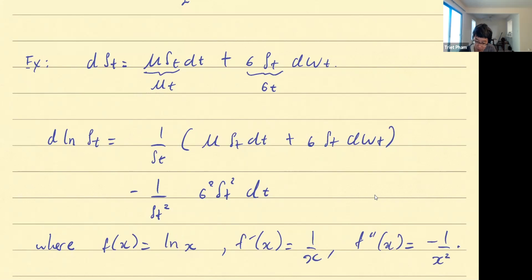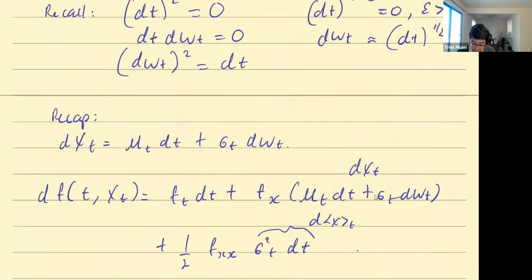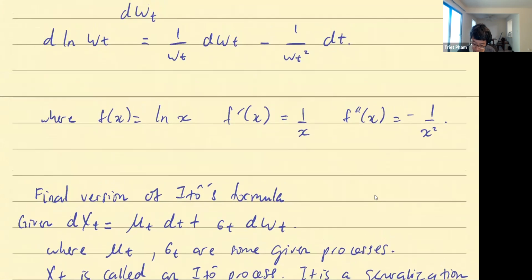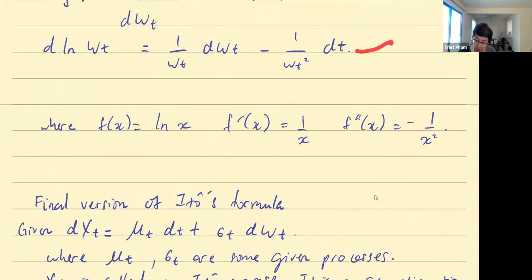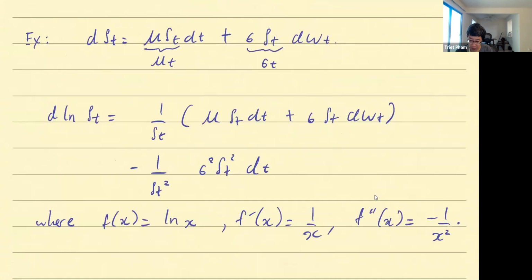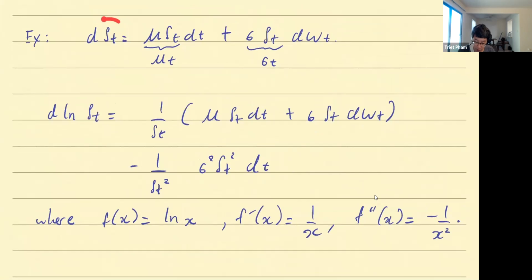Notice how this is very similar to this, all right? But this is, of course, simpler because we start out with wt. This has a bunch of things attached to it because we start out with dst. But essentially, it's still 1 over whatever that is times the differential, and then minus 1 over the square of it times the differential squared.